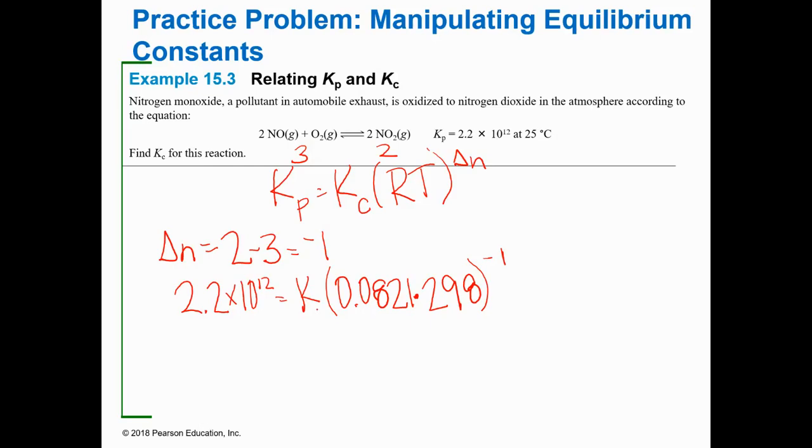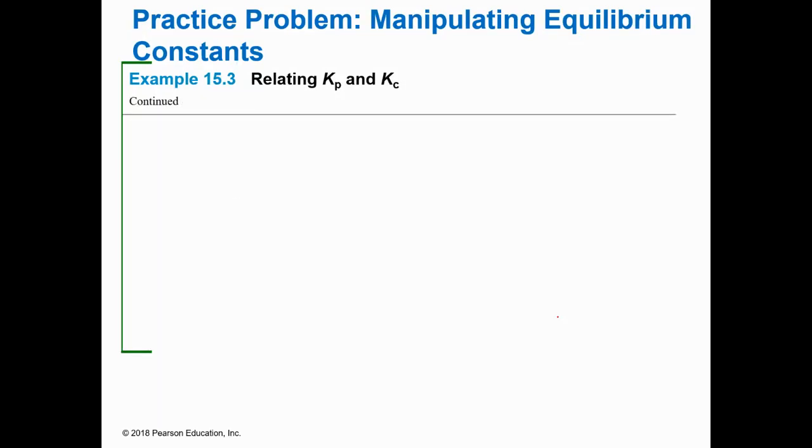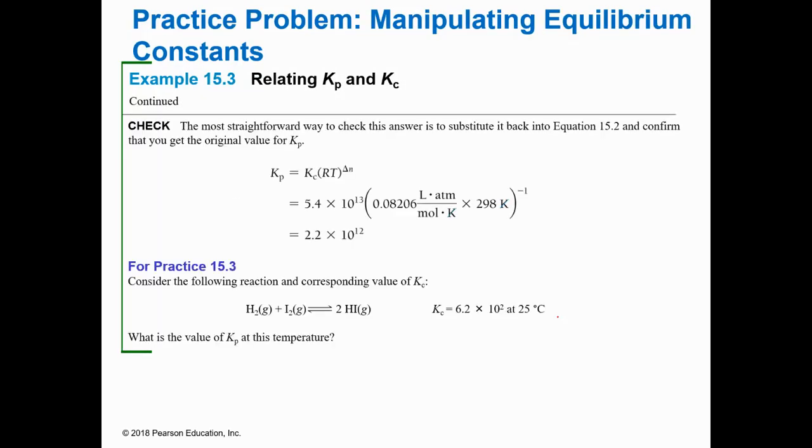So to get our Kc by itself, we need to divide 2.2 times 10 to the 12 by 0.0821 times 298 to the -1 power. And I get that Kc is 5.4 times 10 to the 13. Again, remember, no units are required. And they got the same answer as us, which is great.